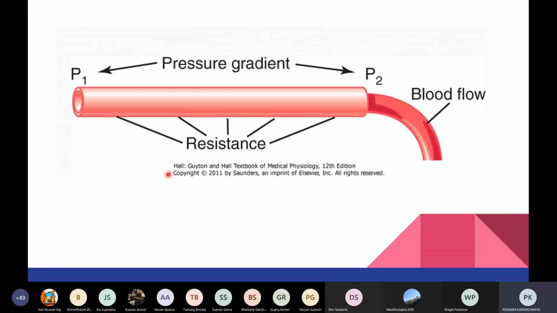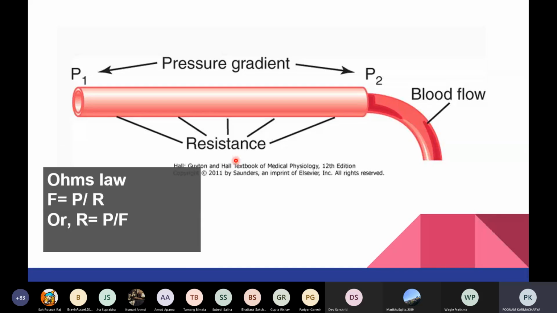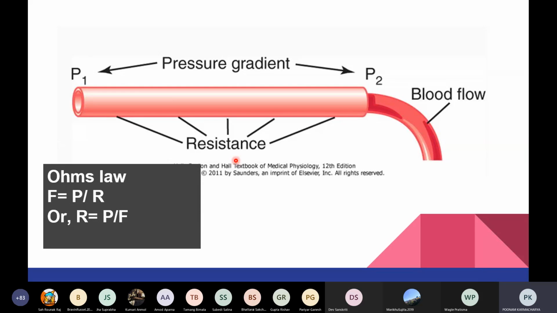Okay, so the relation between the blood flow, the pressure gradient and the resistance is again given by one scientist, by one formula, and that formula is Ohm's law. So Ohm's law says that flow is equal to pressure gradient divided by resistance.